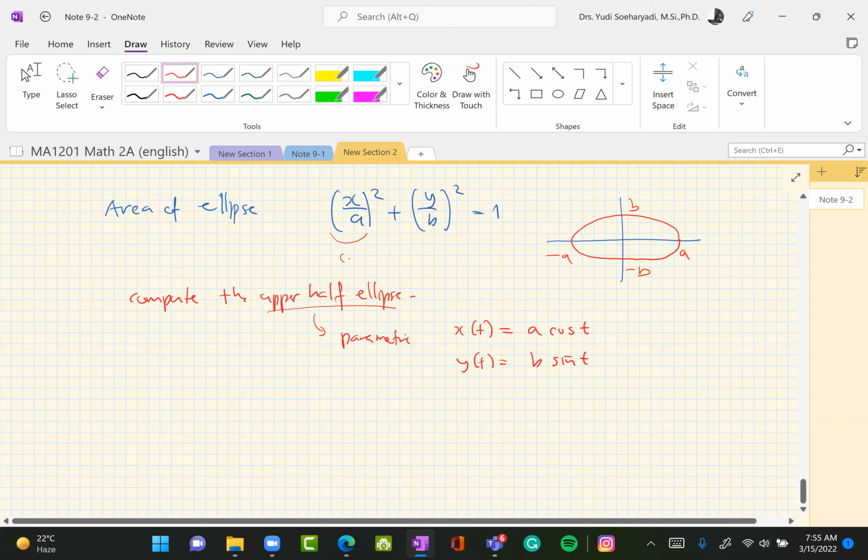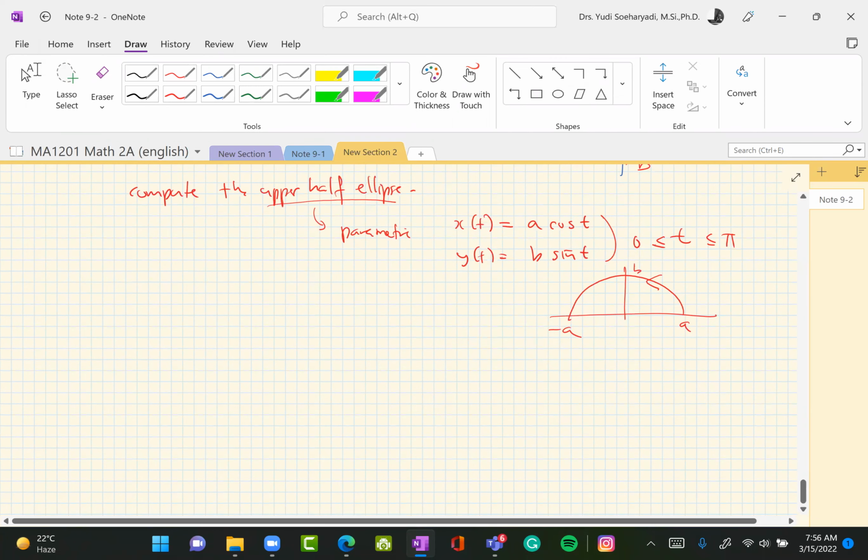So this is cosine, this is sine, and t goes from 0 to pi. Again, this is going in that direction, so you expect a negative number, and then the area is just the positive part.